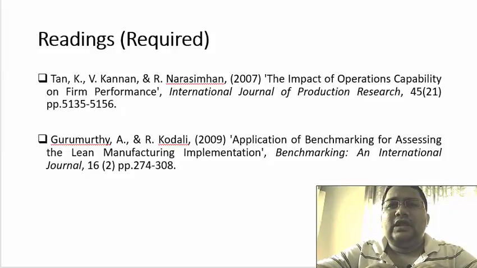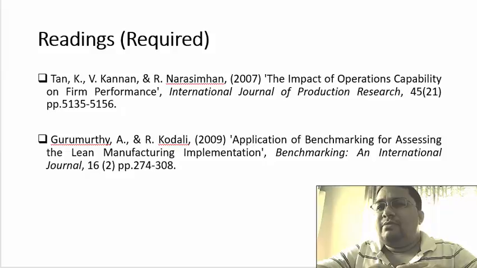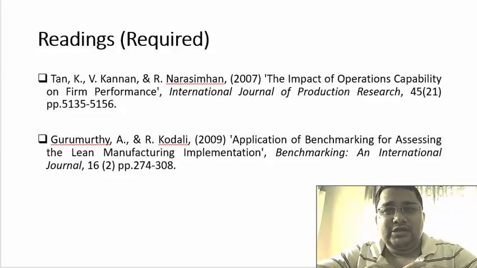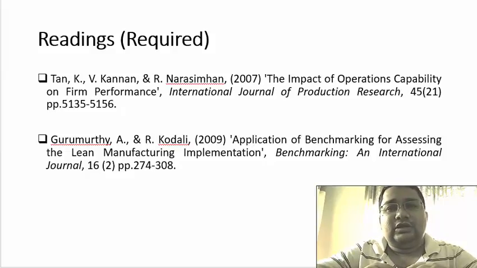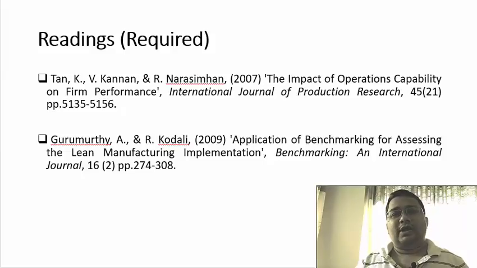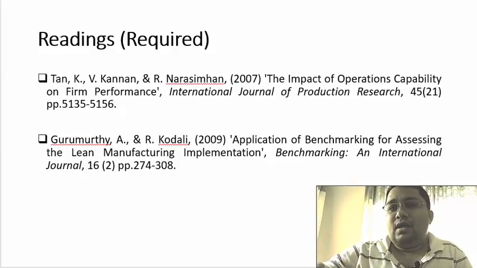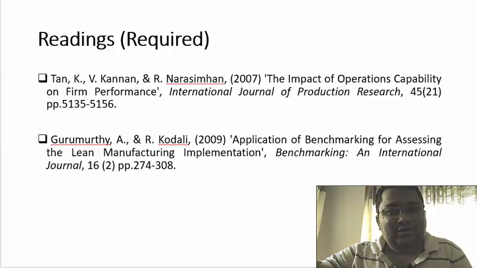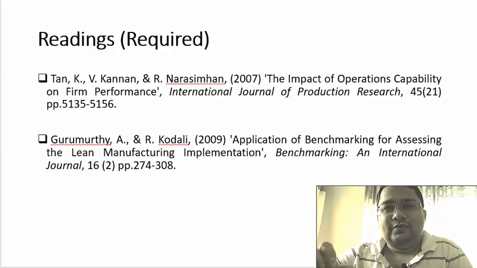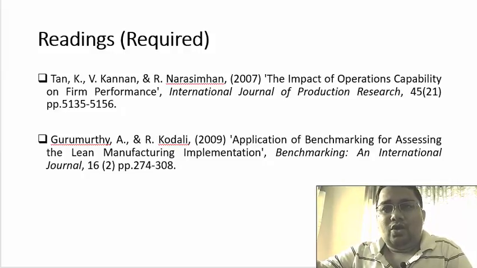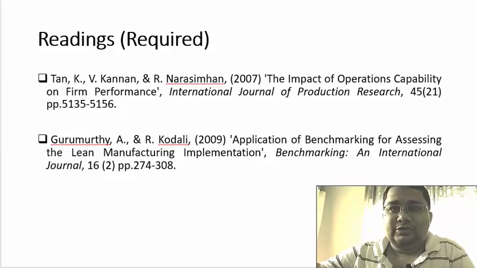The other one is the article on application of benchmarking for assessing the lean manufacturing implementation, from the journal Benchmarking: An International Journal, authored by Gurumurthy and Kodali. These readings are very important because they will help you to develop your concepts and background knowledge so that you can apply that for solving organizational problems.